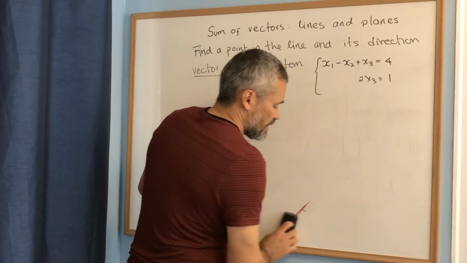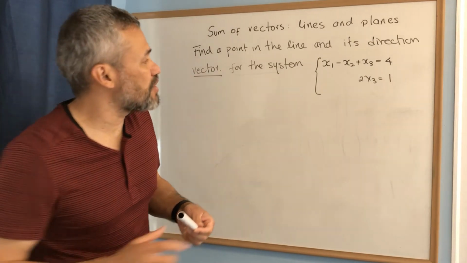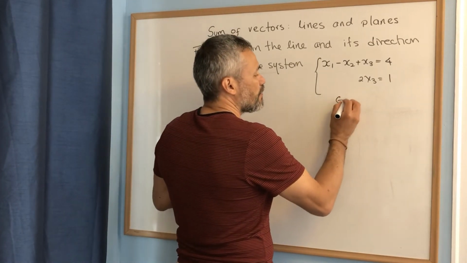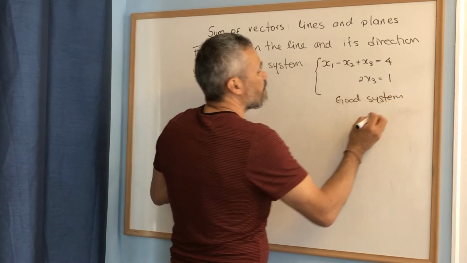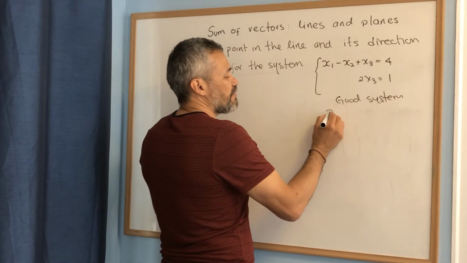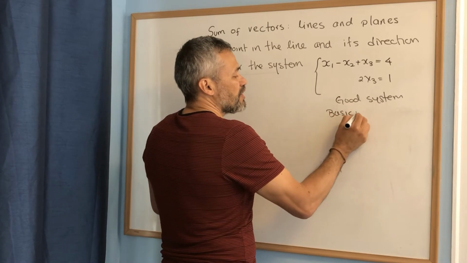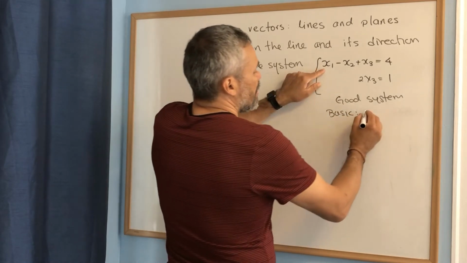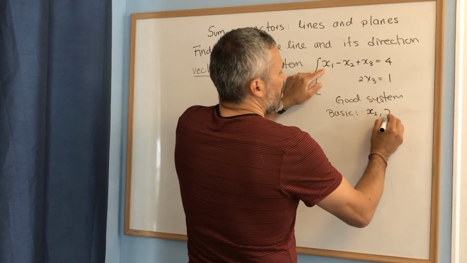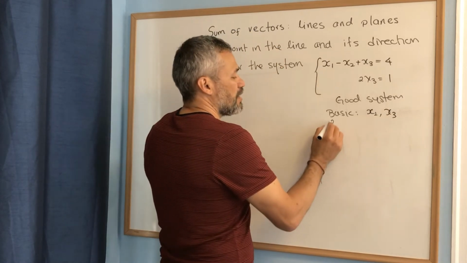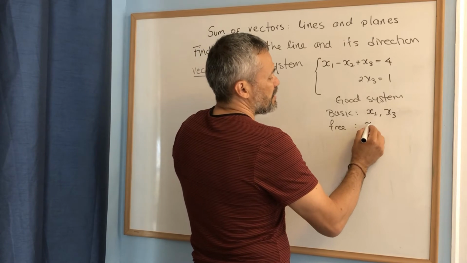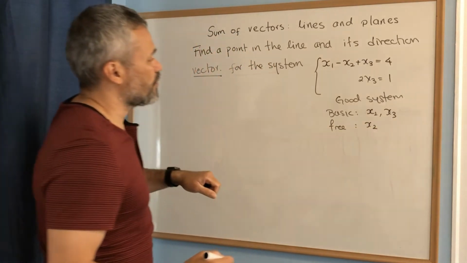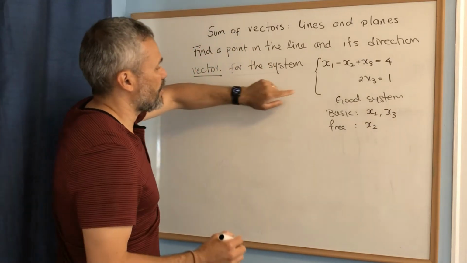In this case, this is considered to be a good system, and therefore we can decide what are the basic variables and the free variables. The basic variables would be x1 and x3, and the free variable would be just x2. Then I have to write the basic in terms of the free.